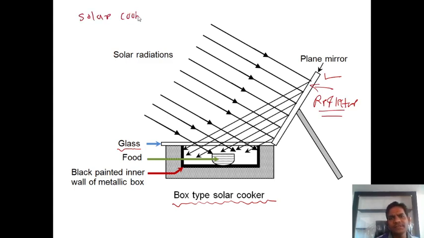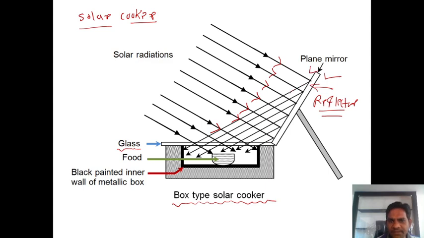Okay, so how does it work, you see here, guys, solar cooker, how it works. Very easy explanation. So from the sun, the solar radiation will come out. This solar radiation is incident on where? On these reflectors. Okay, a mirror based reflector.